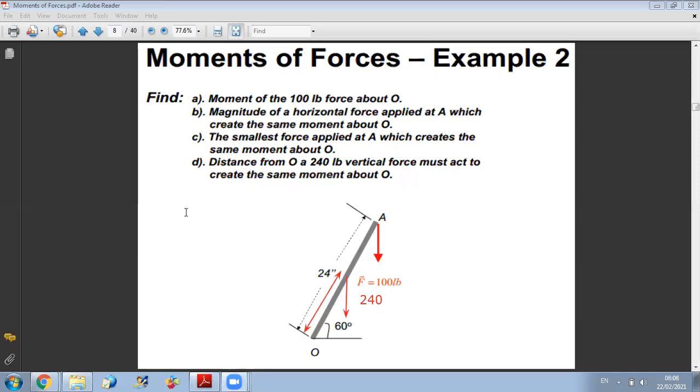So look, I have in the first scenario, I have 100 times 24 cosine 60 is equal to, in the second case, what do I have? I have 240 instead of 100. I have a distance d that I should find times cosine 60.